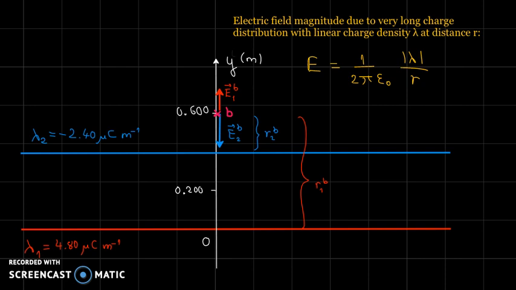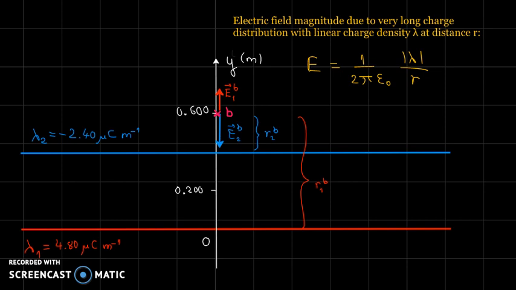The electric field vector due to linear charge distribution 1, again pointing away from the charge distribution, is pointing up, whereas the electric field vector due to linear charge distribution lambda 2, because this charge distribution is negative and the electric field vector should be pointing towards the charge distribution, is now pointing down. So the two electric field vectors point in opposite directions.